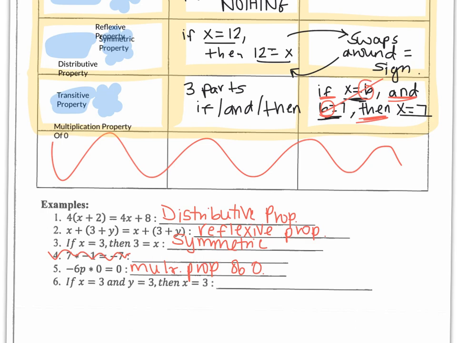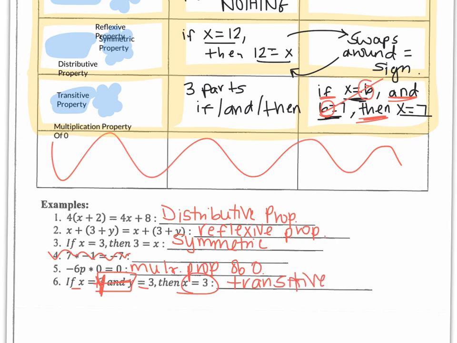I'm sorry. It's supposed to say if x equals y and y equals 3, then x equals 3. Notice your middlemen get canceled out. I'm left with x and 3, so that's my conclusion. So this is the transitive property.